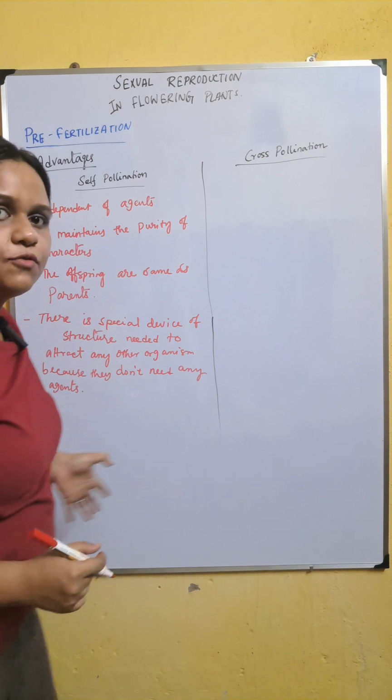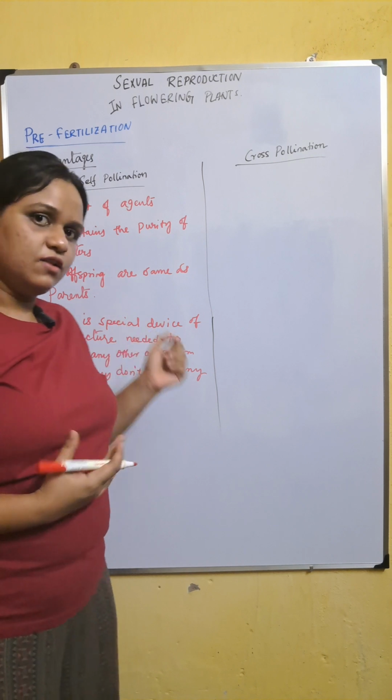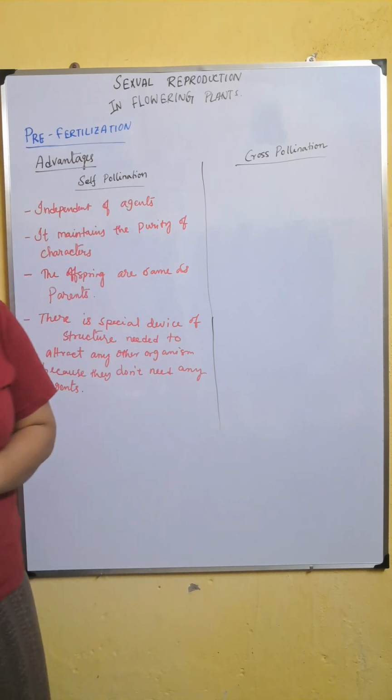So these are four main and common advantages of self-pollination. Now coming to cross-pollination.